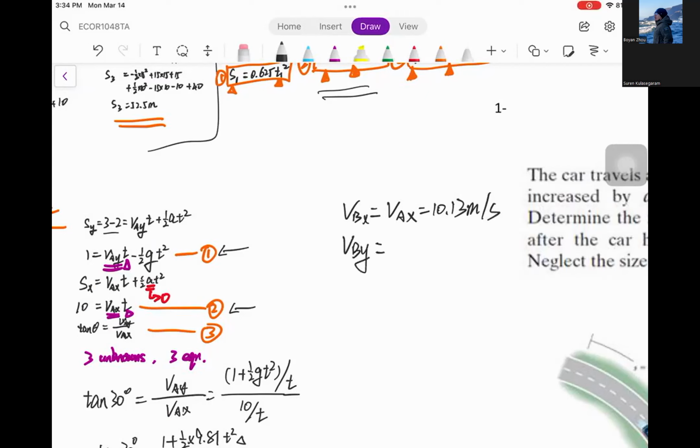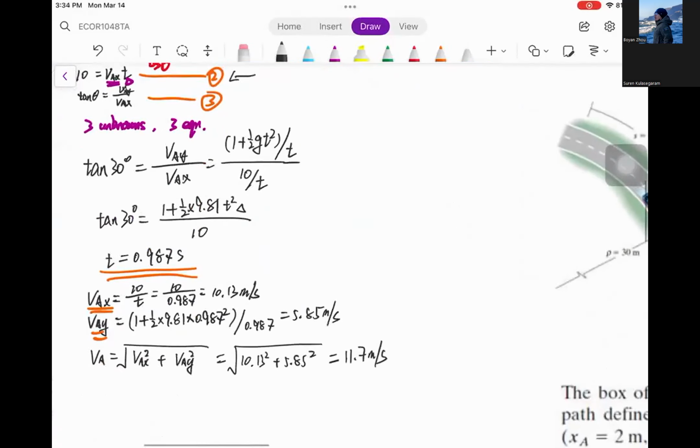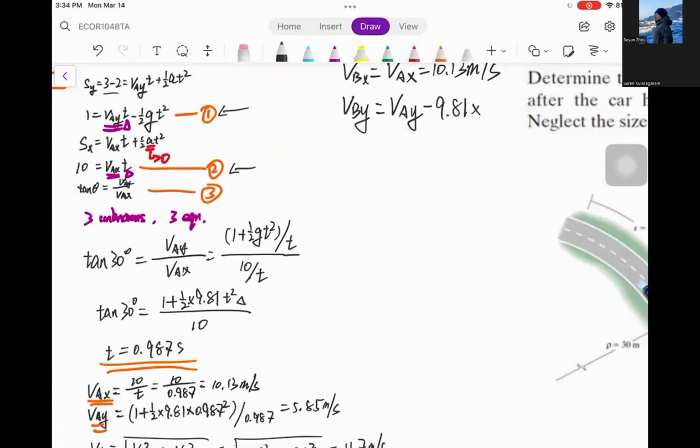VBY is equal to the velocity at A in the vertical direction minus, remember we are saying going up is positive, so going down for gravity is negative, so negative 9.81 times the time t. And we already found the time t here.